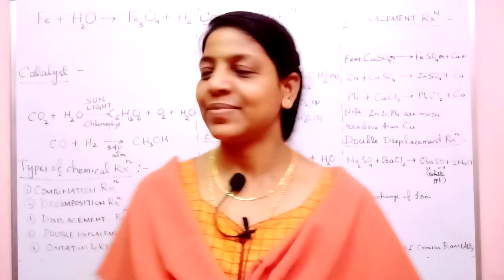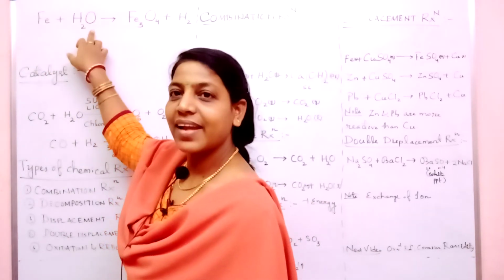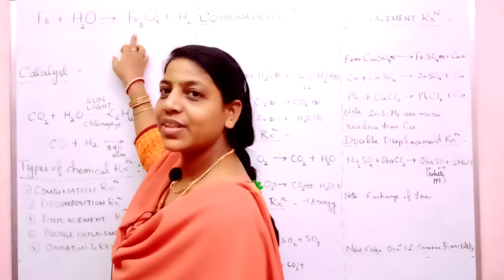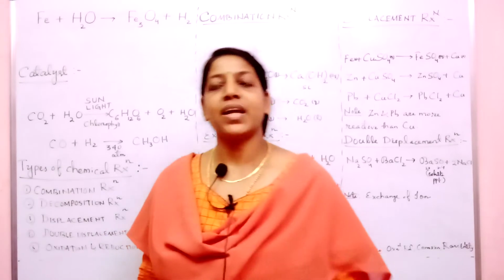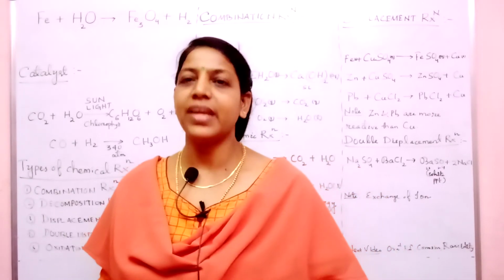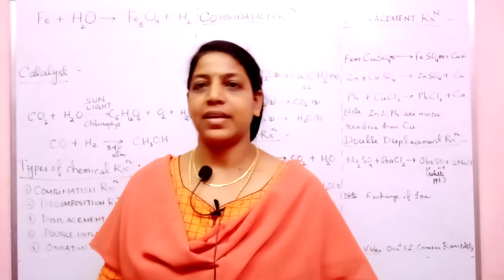Let us start. Your equation is iron reacted with water. Now what are you getting? Fe3O4 plus H2. Do you remember the steps you need to do to balance your equation from the skeletal equation?